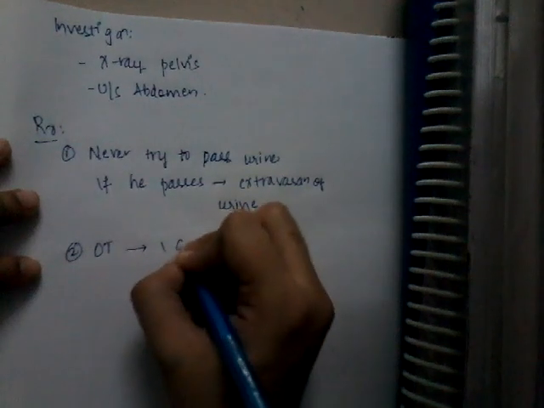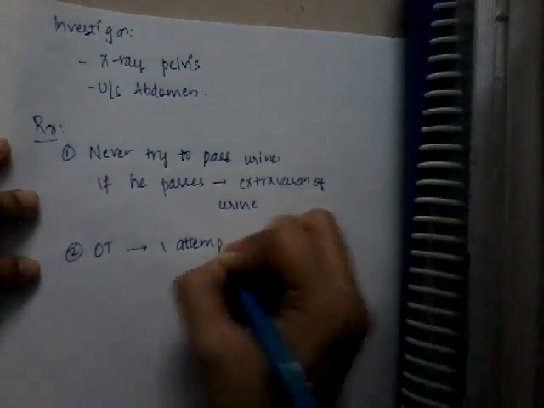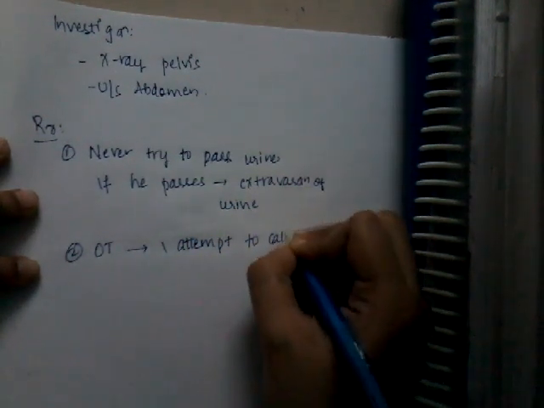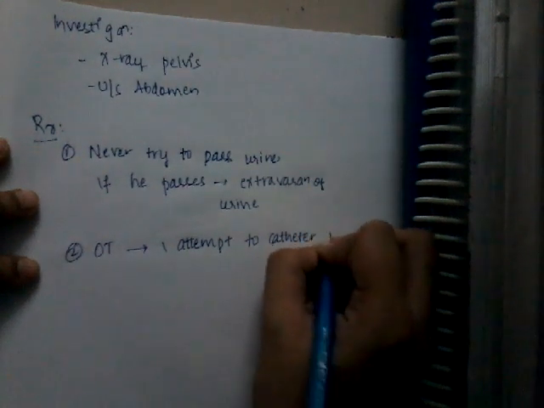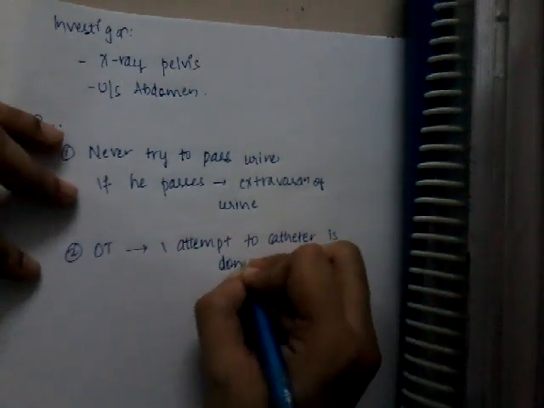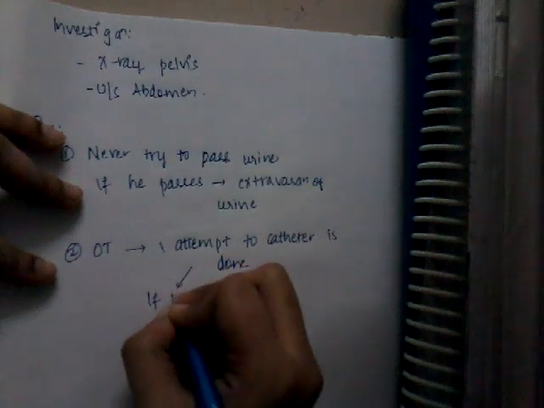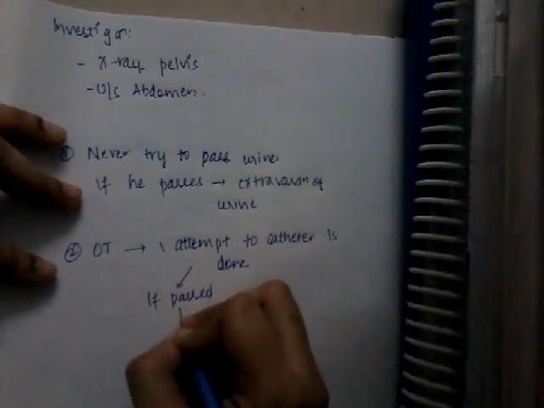So, in operation theatre, one attempt to pass the catheter is made. If passed, then keep it in place.